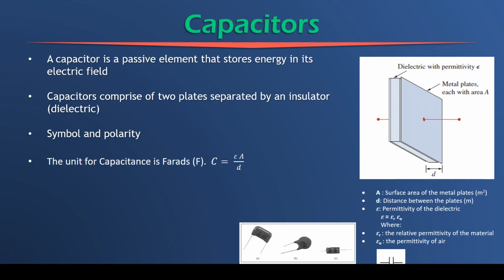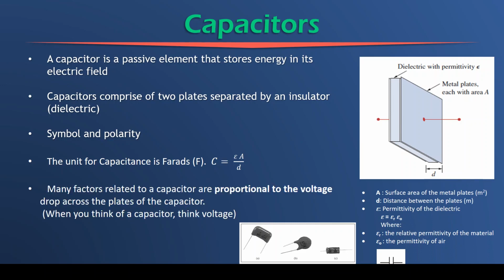The unit for capacitance is farads, and an equation that characterizes the capacitance as a function of the physical parameters of the capacitor itself is given. C is equal to epsilon A over d, where the first variable is your permittivity, A is your cross-sectional area, and d would be the distance between the plates.